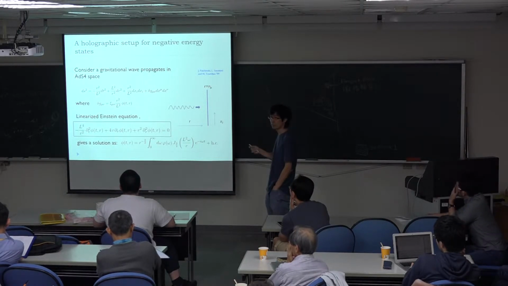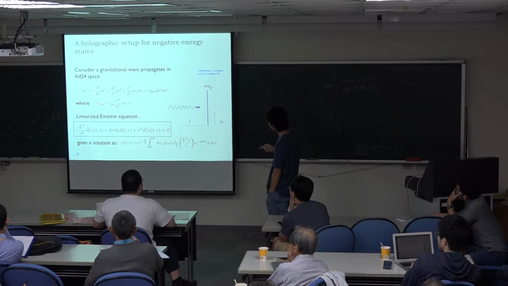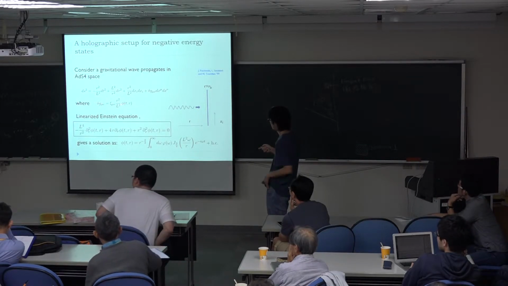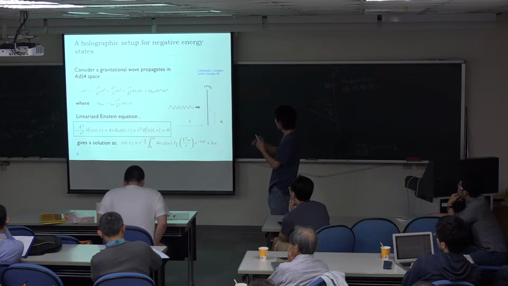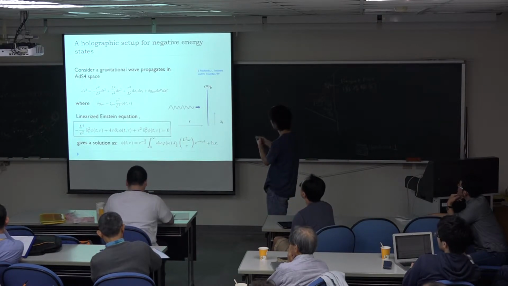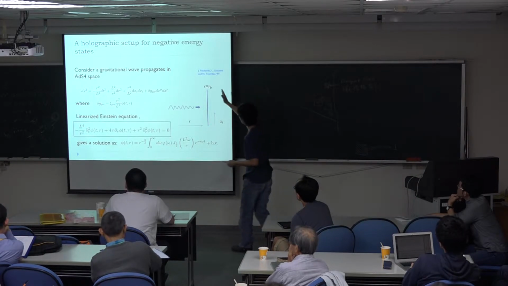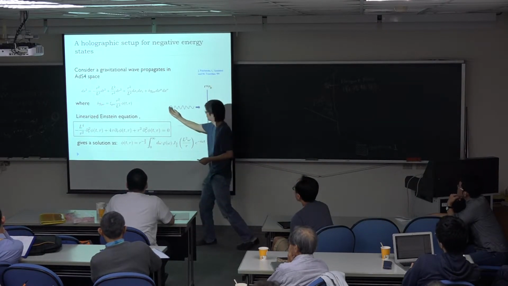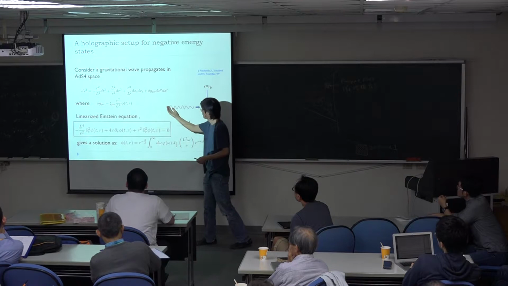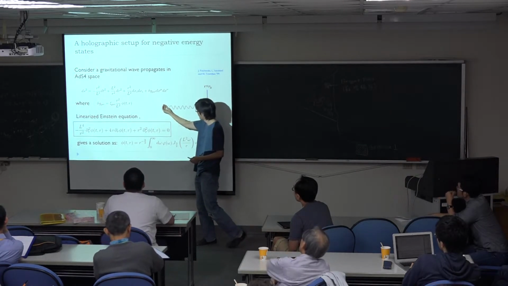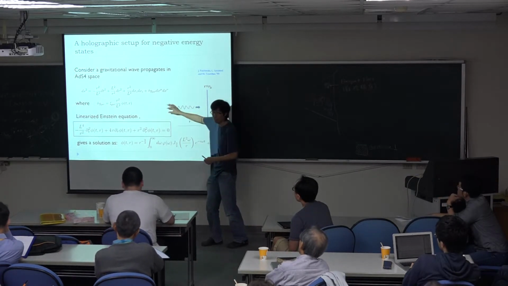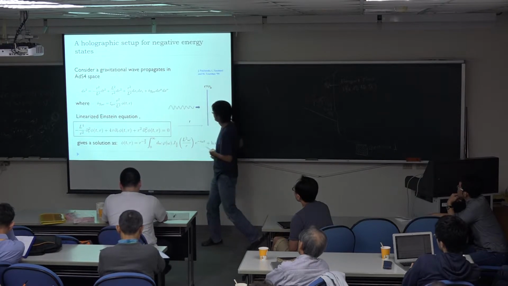Here L is the radius of curvature for AdS, and the gravitational wave perturbation is parameterized by this phi function. They were considering a gravitational wave that is homogeneous in the boundary direction, propagates from the center of AdS to the boundary, and then reflects back.